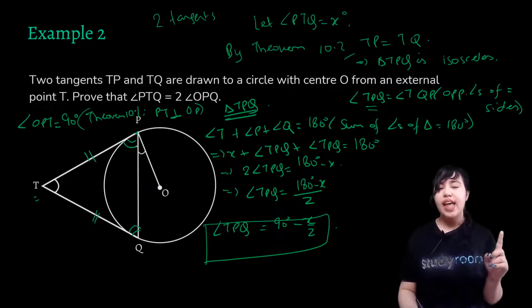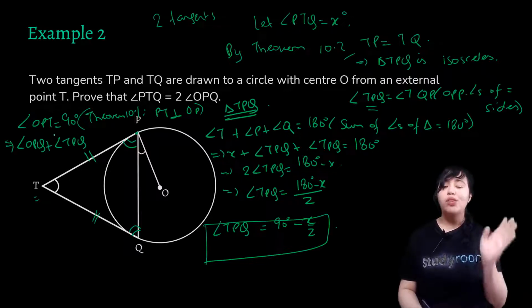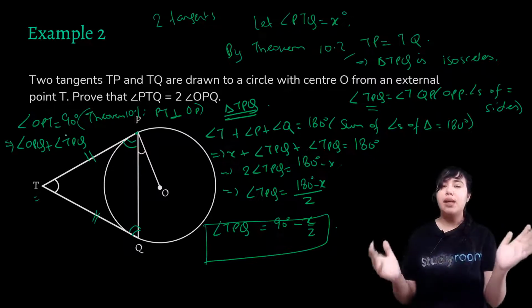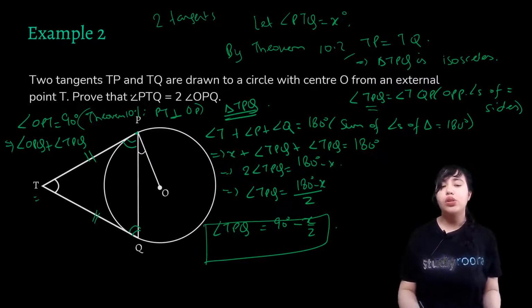But wait a second, this angle OPT is further comprised of 2 angles if you look carefully. We have angle OPQ over here plus this angle TPQ. So if angle OPT is 90 degree, it means that subparts when added, that is angle OPQ plus angle TPQ, would also give me a sum of 90 degree.